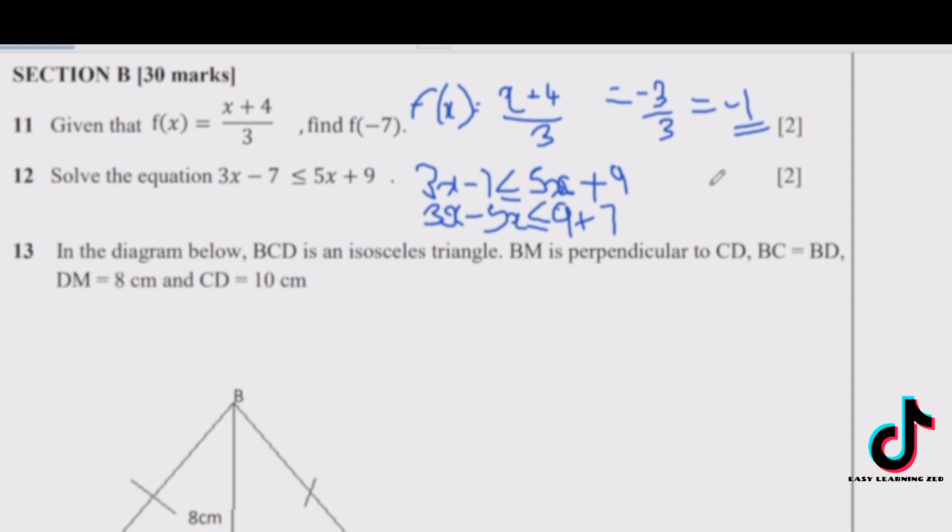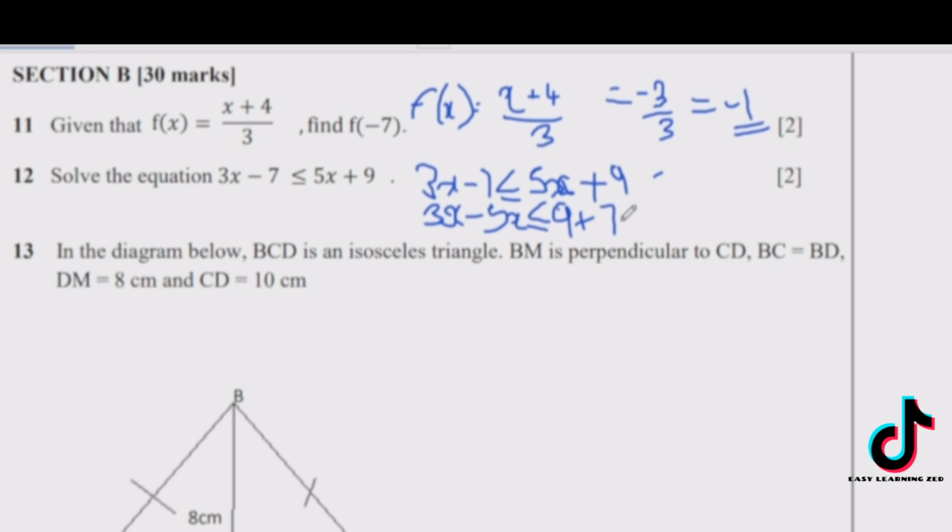Once we've done that, the next thing is we're going to evaluate this. This will give us -2x. Which number is bigger between 3 and 5?